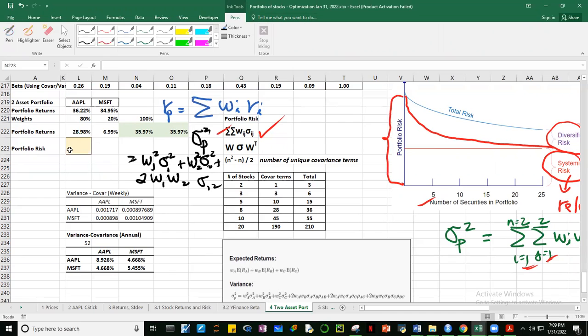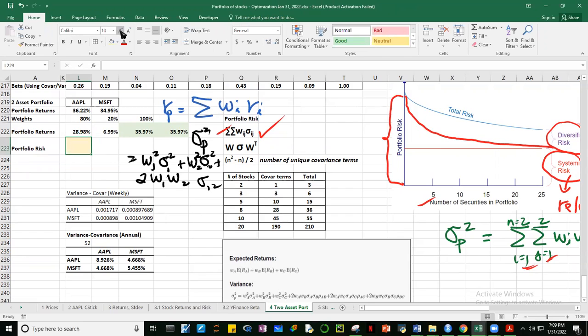Okay, we're now ready to compute it. I'll enlarge this so you can see. So this is equal to W1. Of course, this can be 50-50, but let's use 80-20. W1 squared, multiplied by the variance of 1.